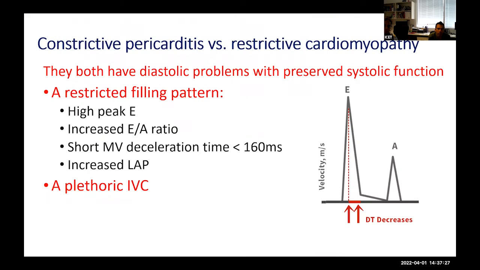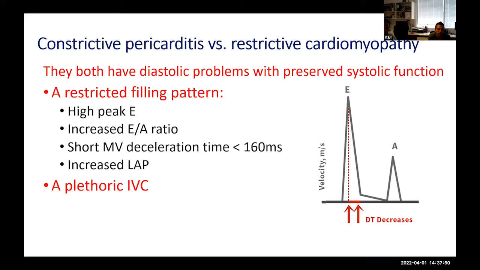Now, constrictive pericarditis has features that are similar to a restrictive cardiomyopathy, such as endomyocardial fibrosis or amyloidosis. They both have diastolic problems and relatively preserved systolic function.